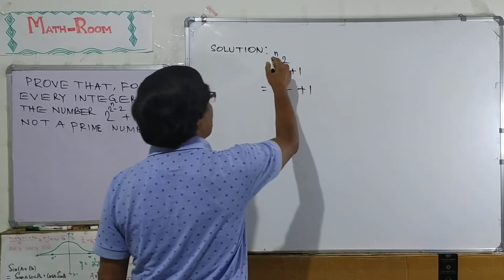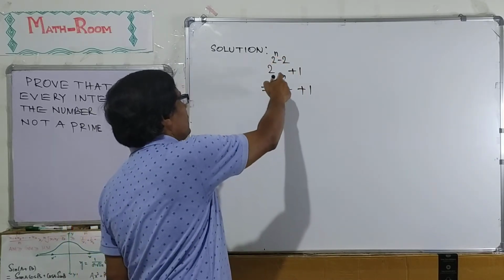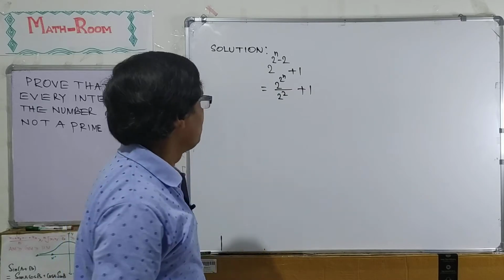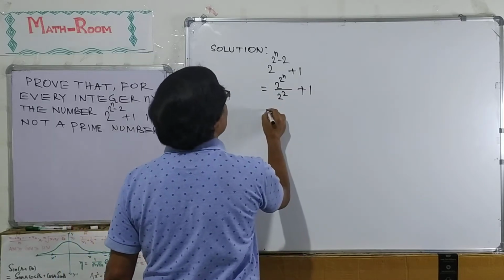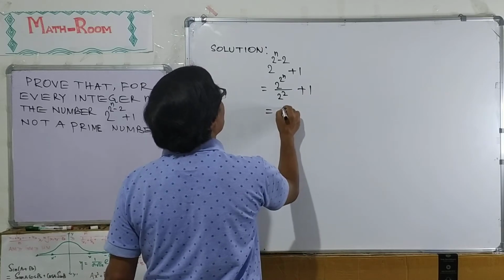We can write this number in this form, that is, 2 to the power n over 2 square plus 1.